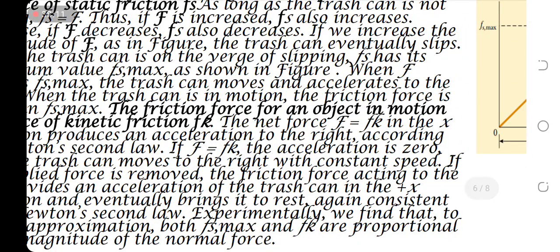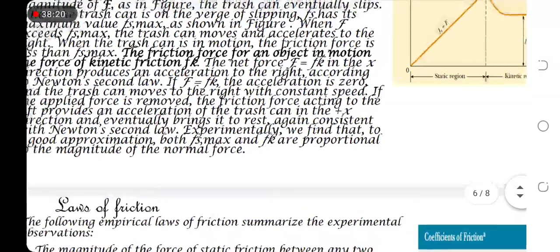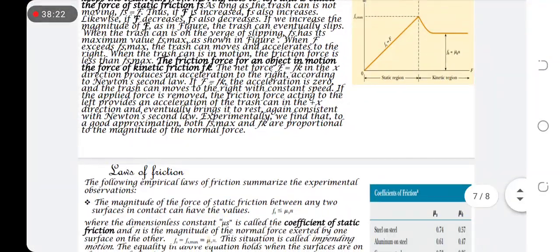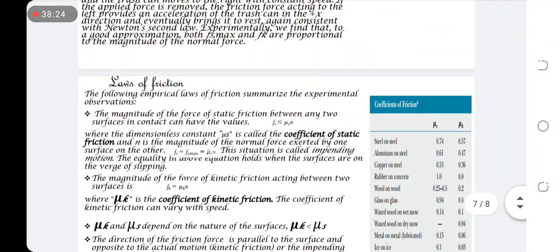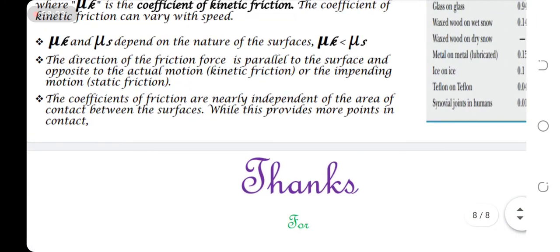That is the friction force for an object in motion, the force of kinetic friction. Some more laws: friction is nearly independent of the area of contact between the surfaces.